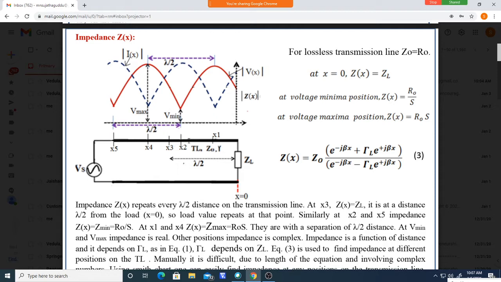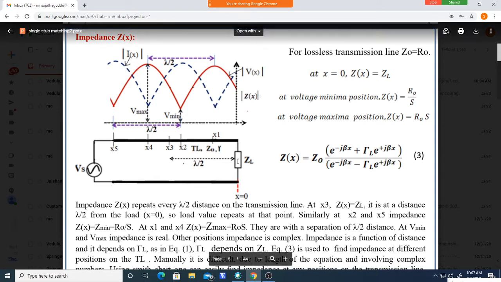We can find the impedance as we move like this, starting from the load, over a lambda by 2 distance. All possible variations of impedance we will find, and again this ZL will repeat at x3 as I marked here. This is at a distance of lambda by 2 from the load. You see, this is a load here.